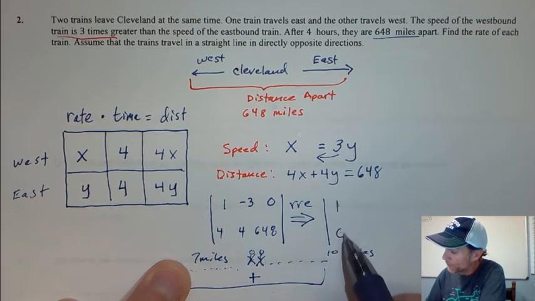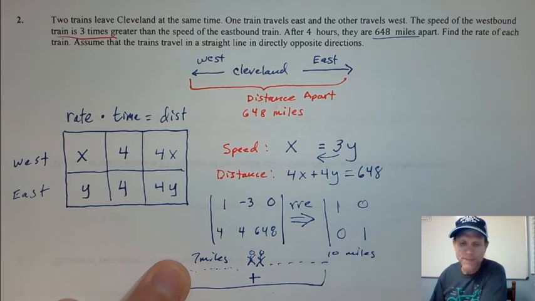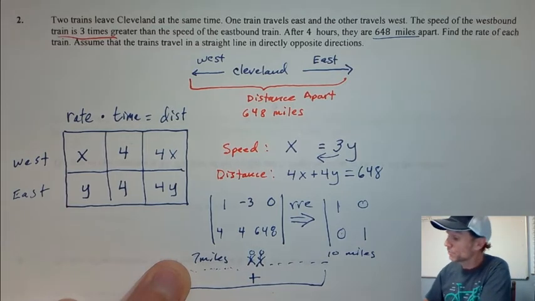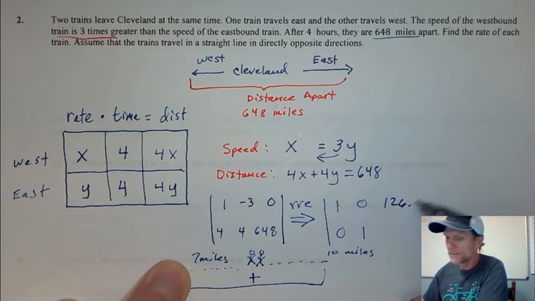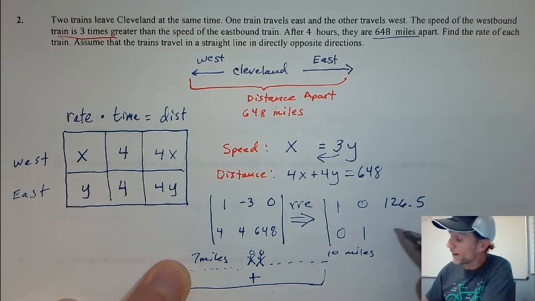I'll get my familiar 1, 0, 0, 1. And then I find out that I get 126.5, I believe it is, and 40.5.